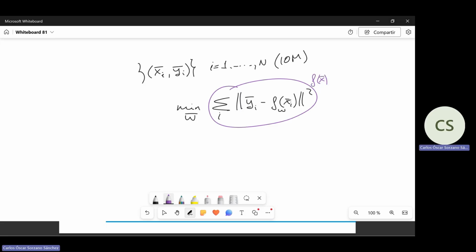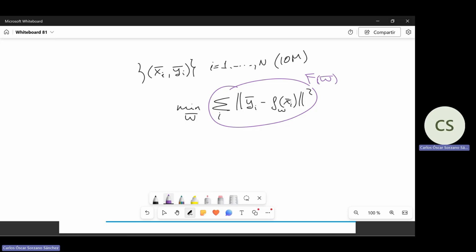Actually, it is f of w. So the variable that I want to minimize with respect to is w. And to avoid confusion, let's call my goal function capital F, so this goal function is not the same as my prediction.